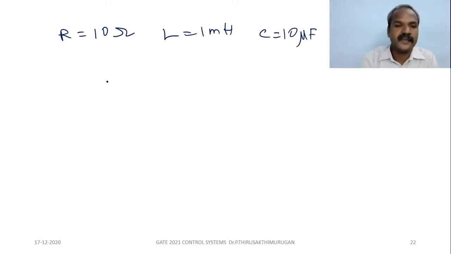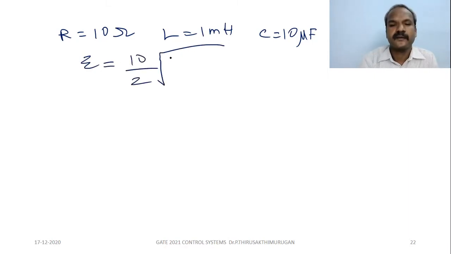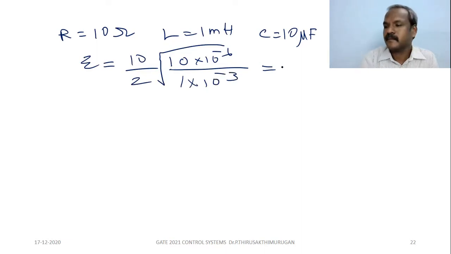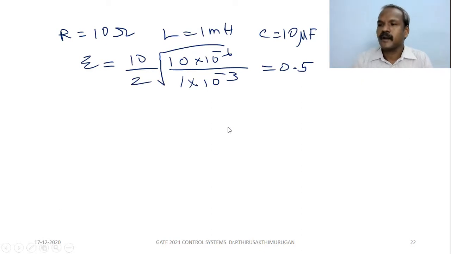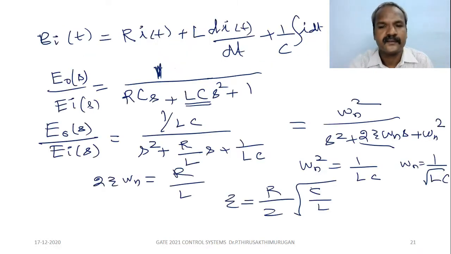So substituting in this expression, we will be getting 10 by 2 square root of, C value is 10 into 10 power minus 6 divided by 1 into 10 power minus 3. We will be getting 0.5. So zeta value equal to 0.5. Understand?